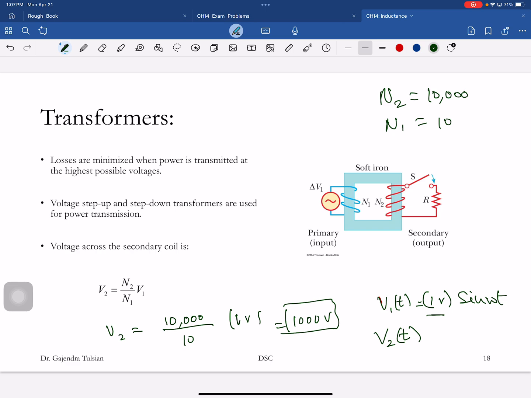What's going on? You put in a signal of 1 volt amplitude, and you got an output voltage of 1,000 volts. Sounds like free lunch to me. You can put in 1 volt and get 1,000,000 volts out with appropriate windings.